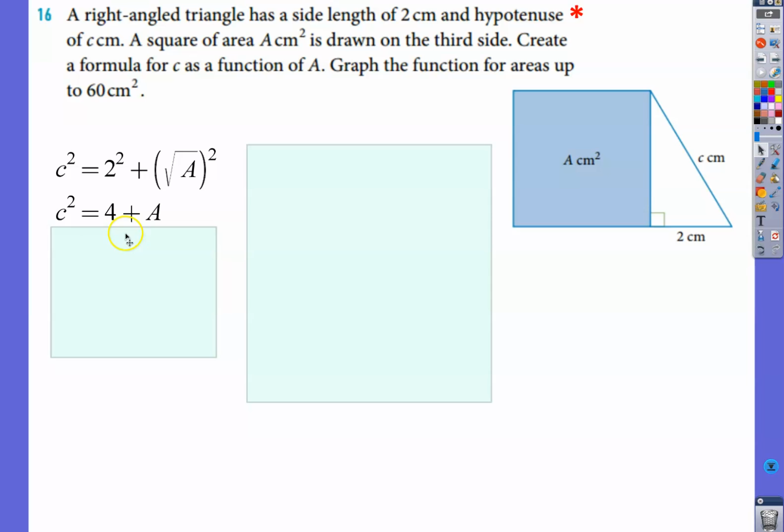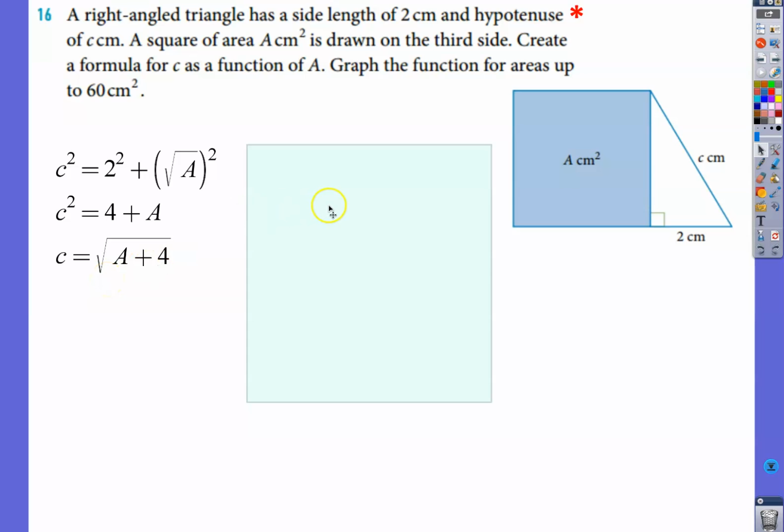Okay, let's do some simplifying. Well, the square root of a squared is just a, 2 squared is 4. And to get the c by itself, take the square root of both sides, and I rewrote 4 plus a as a plus 4. So there's the actual formula for c as a function of a.